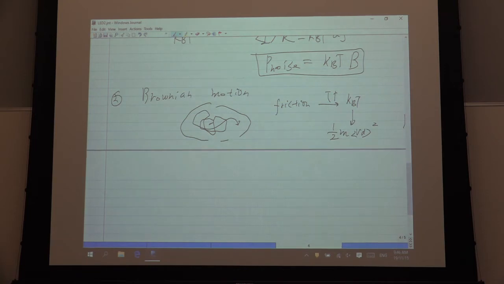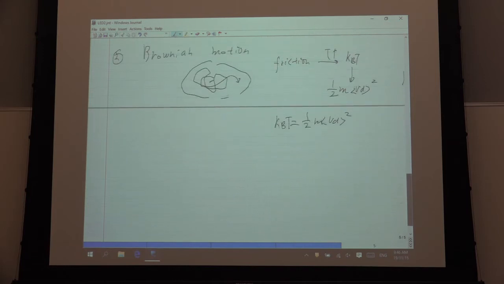So you can see the molecule moves very fast, cannot stop. The two are balanced: kBT equal to 1/2 m v squared. The velocity here fluctuates. It's a random process. We call it Brownian motion. The third is black body radiation.